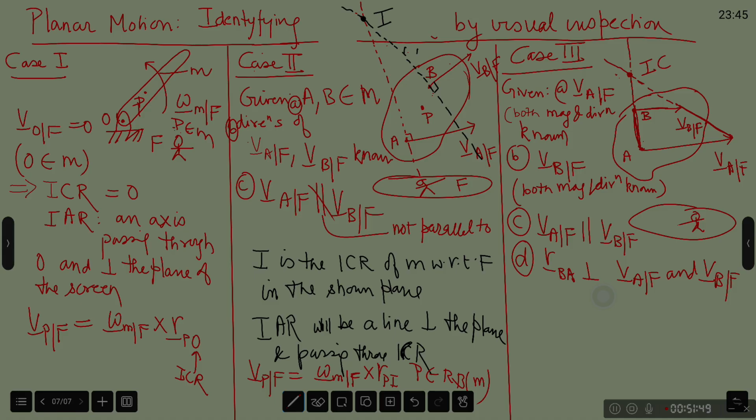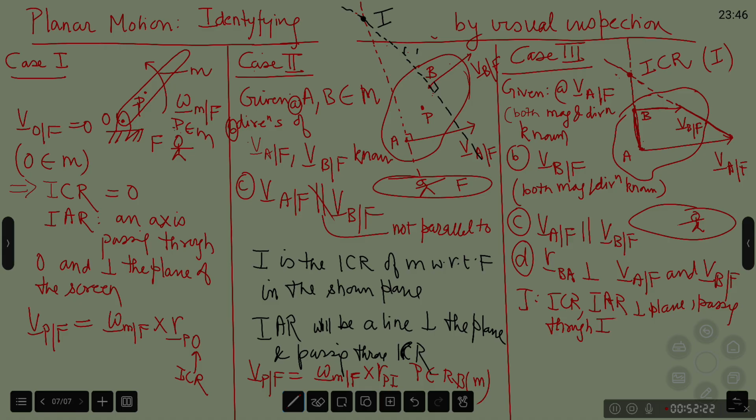I denote it by point I. I is ICR, and as usual IAR is perpendicular to the plane, the shown plane, and passing through I. This is the story.